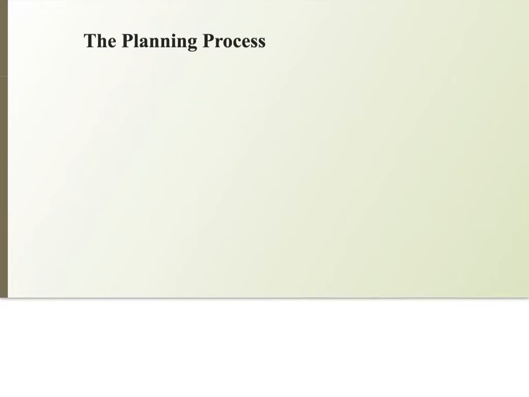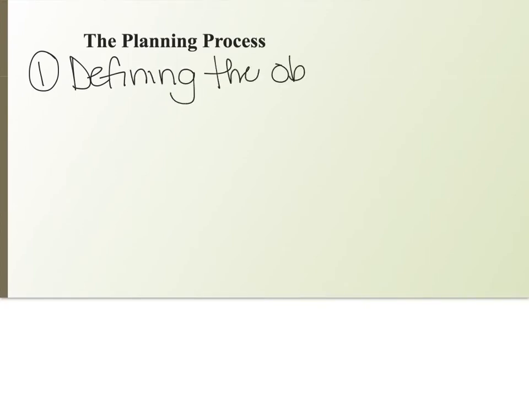So let's look at the steps. Step 1 is defining the objectives. Identify the desired outcome or result in very specific ways. Know where you want to go and be specific enough to know when you've arrived, or know how far off the mark you are at various points along the way.